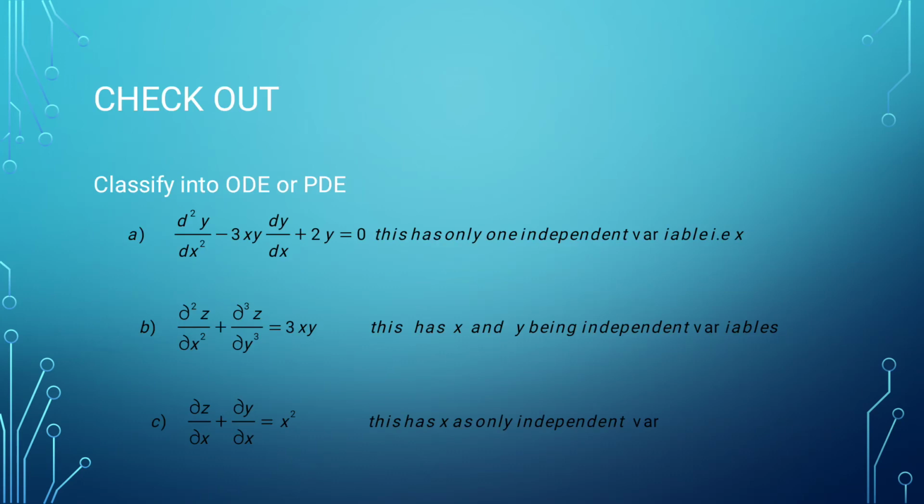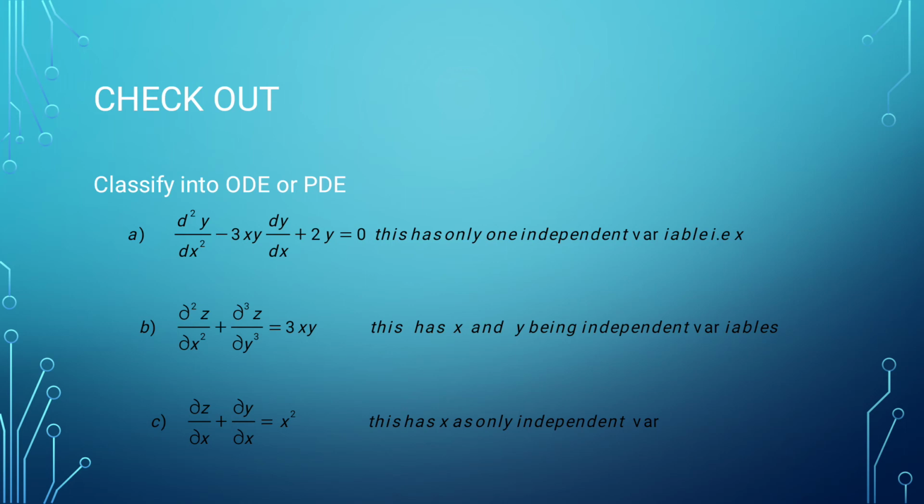Okay, let's look at this. Classify into ordinary differential equations or partial differential equations. We have these equations here. If you look at A, we have derivatives with respect to one variable, which is x in this case, so A has only one independent variable, x.